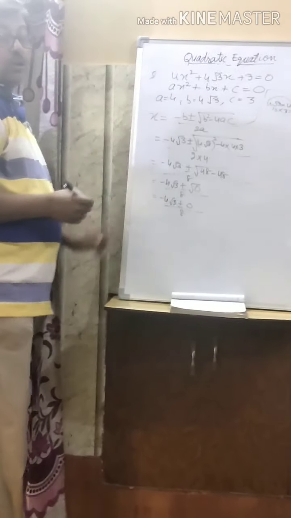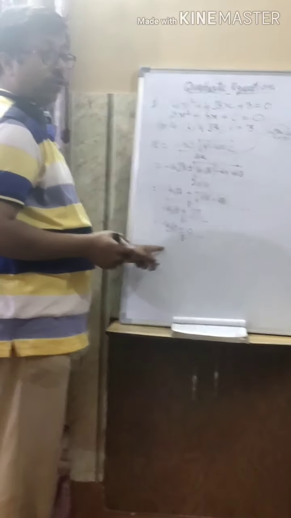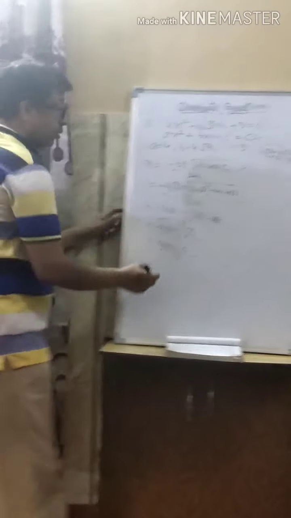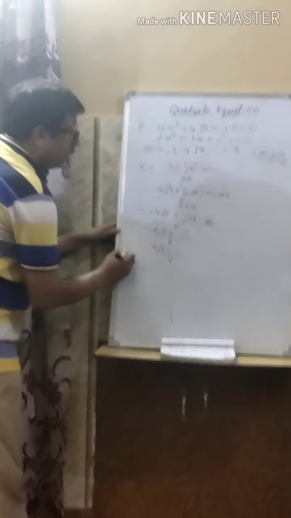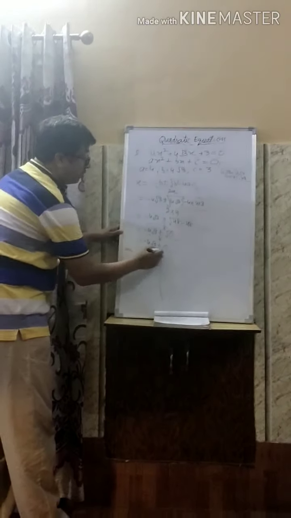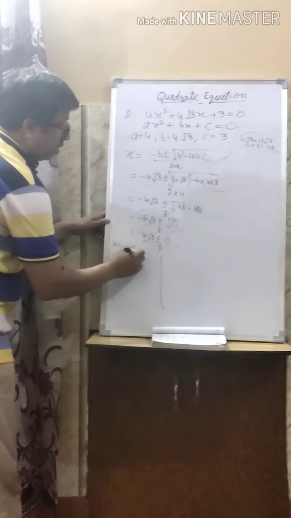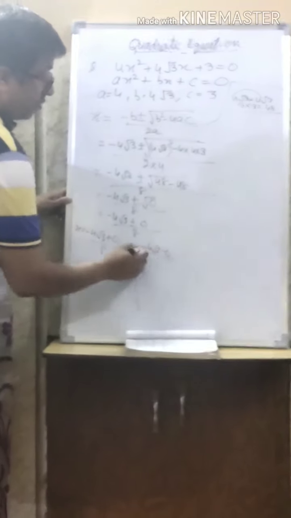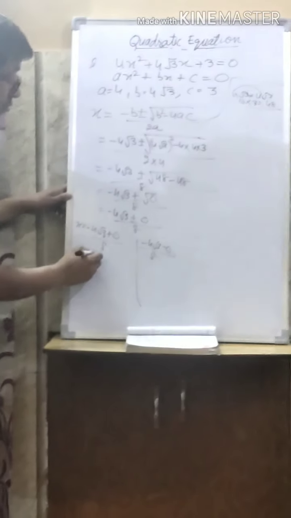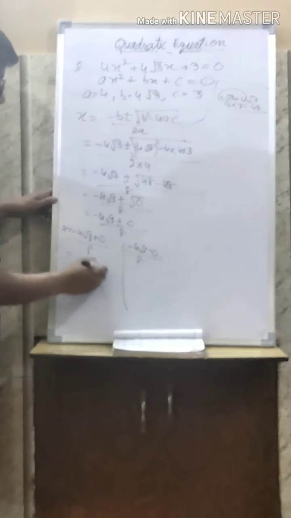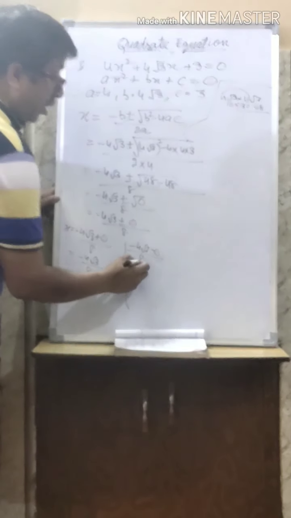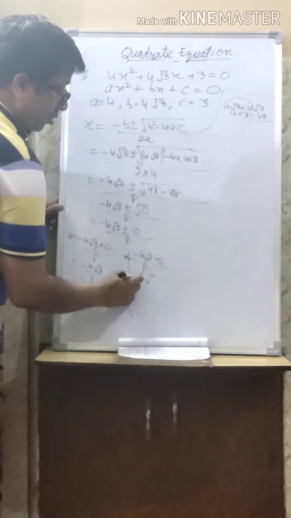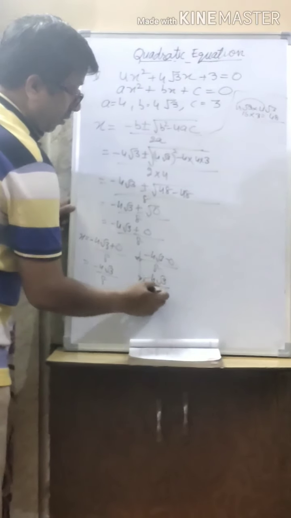Now what is the method? If plus minus is there, don't say only one value will come. You take two parts, one value with plus, the positive sign, and the second value with minus. In this way, minus 4 root 3 by 8, and the second is x is equal to minus 4 root 3 by 8.